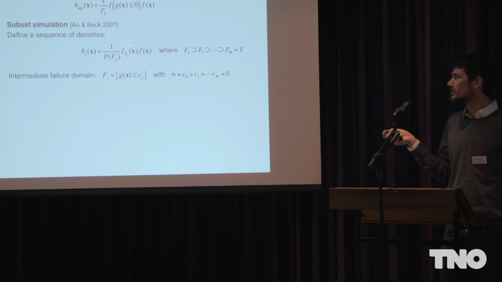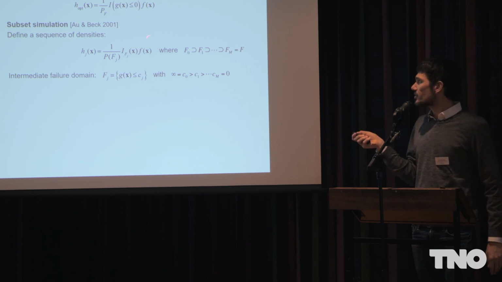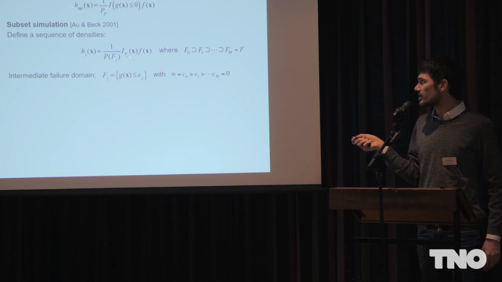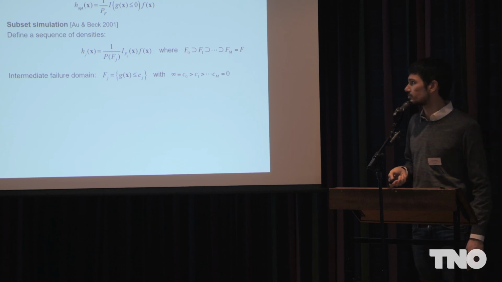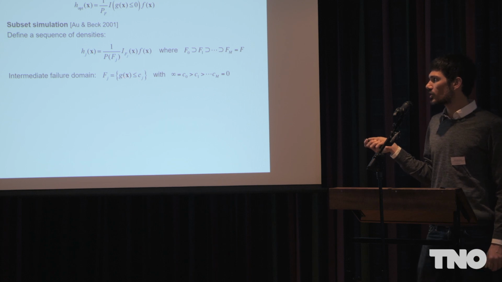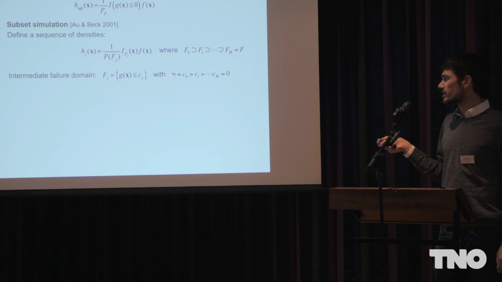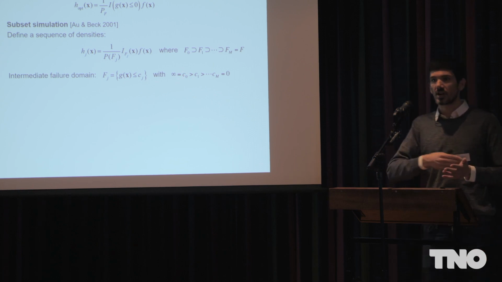Okay, so if you look at this sequence here, this is the optimal importance sampling density from the problem with failure domain Fj, such that the Fj are defined such that the sequence is nested. Okay, this can be done by, for example, defining these failure domains as limit state function smaller or equal than some constant c, where this constant c in the first step is infinity and in the last step is 0, and we have some values in between.